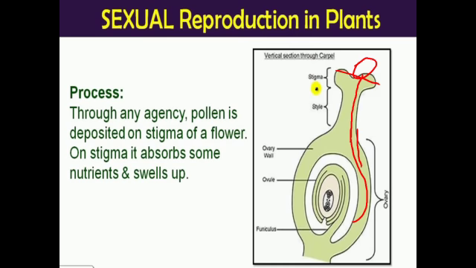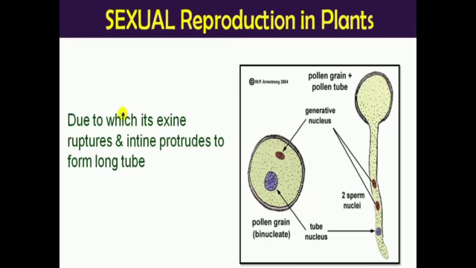Due to this, its exine ruptures and intine protrudes to form a long tube. The pollen grains have two parts, exine and intine. When the pollen grains are moved, the exine ruptures, means it breaks down, and the intine protrudes, and it forms a long tube.